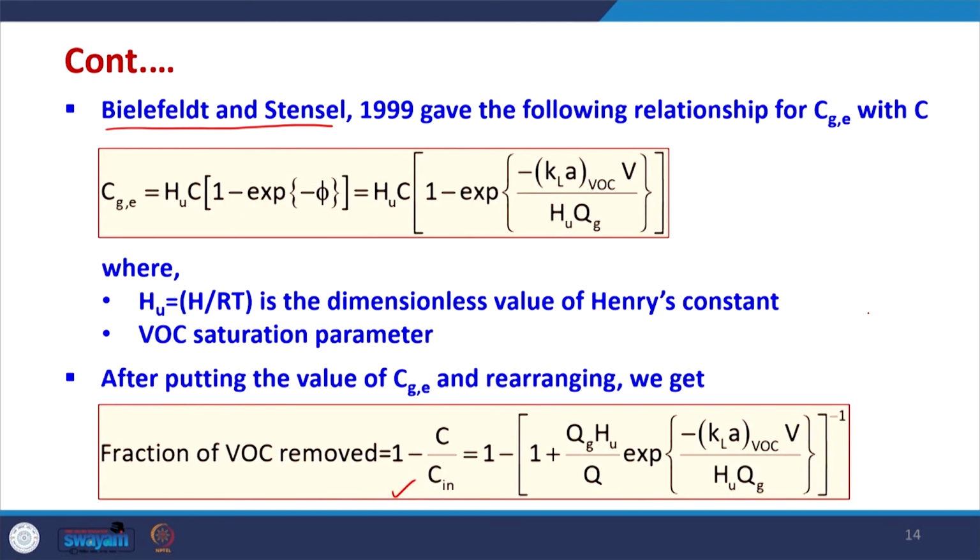The equation is given like this: Cg equals H_U into C into 1 minus exponential of minus phi, and this phi is equal to the overall mass transfer coefficient of VOC into the volume of the CSTR divided by H_U. H_U is H by RT, that means the dimensionless value of Henry's constant.